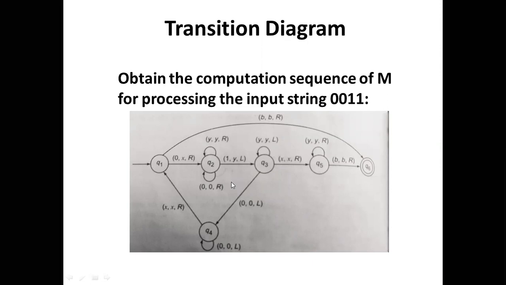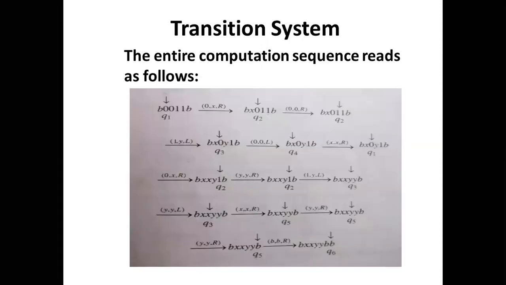So this is a transition diagram, and now we have to explain how the computational sequence reads as follows. Here the input is 0011 and the initial state is Q1.